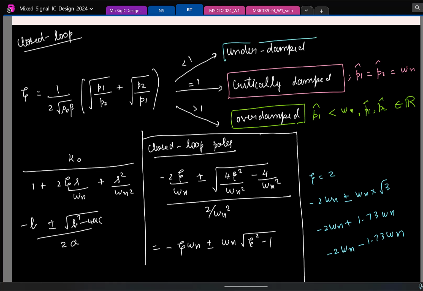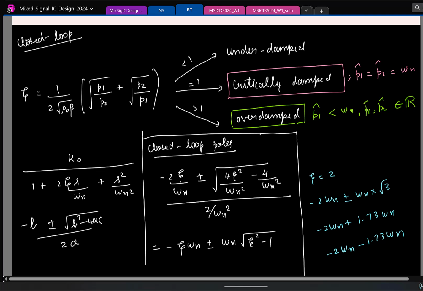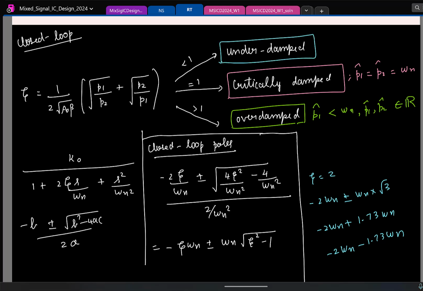Cool. And what about this case? If it's underdamped, my zeta is less than 1. So this will become real or imaginary? We'll have complex conjugate poles. So my pole locations will be of the form sigma naught plus or minus some j omega naught.